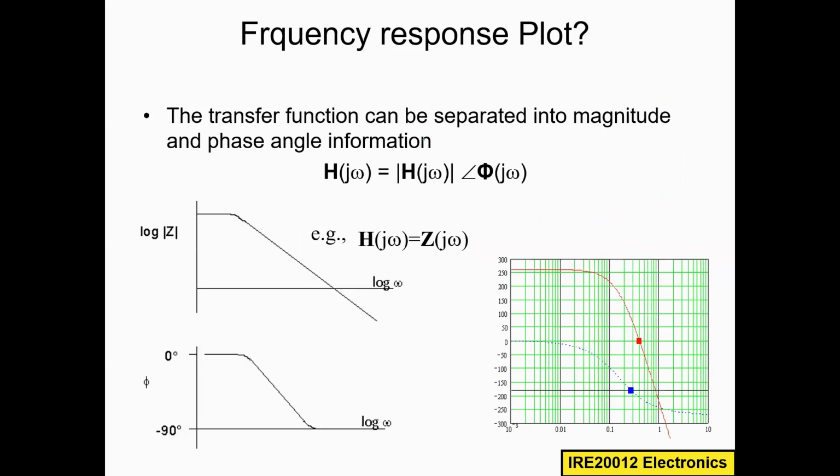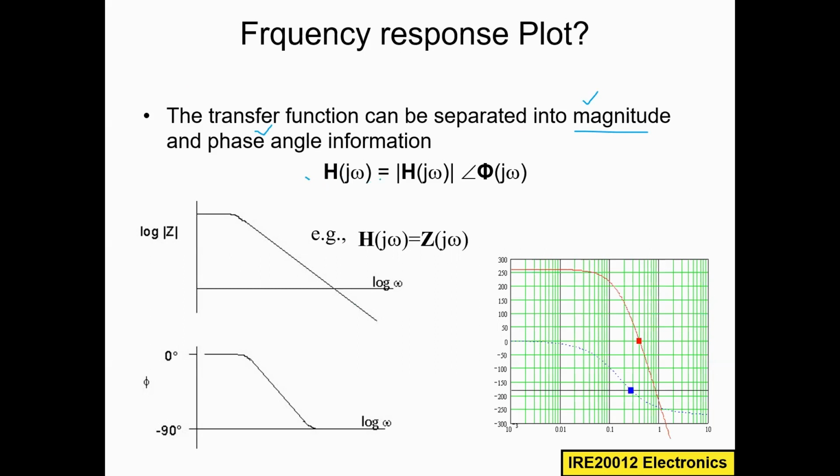The transfer function can be separated into magnitude and phase angle information. Once we find the transfer function of any system, we can separate it into 2 parts. One represents the magnitude, another represents the phase angle. For example, this is the transfer function of one system.